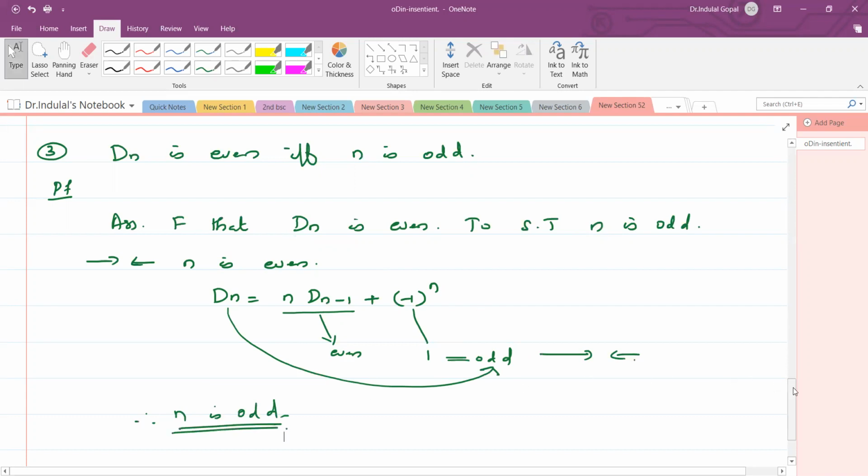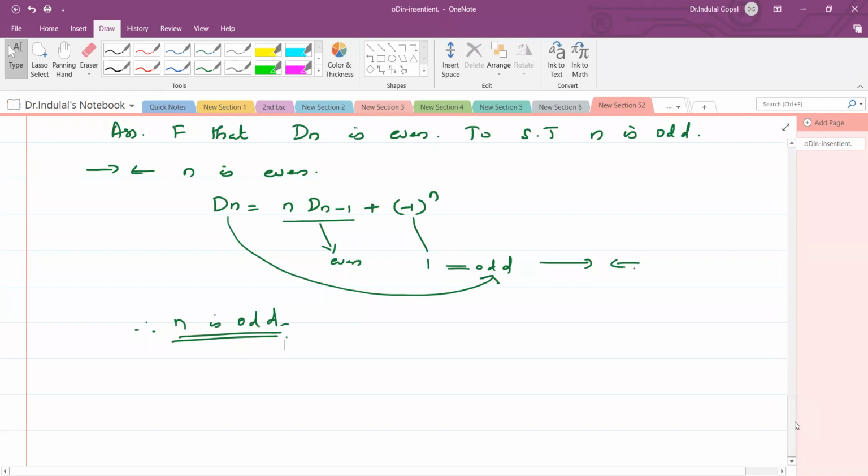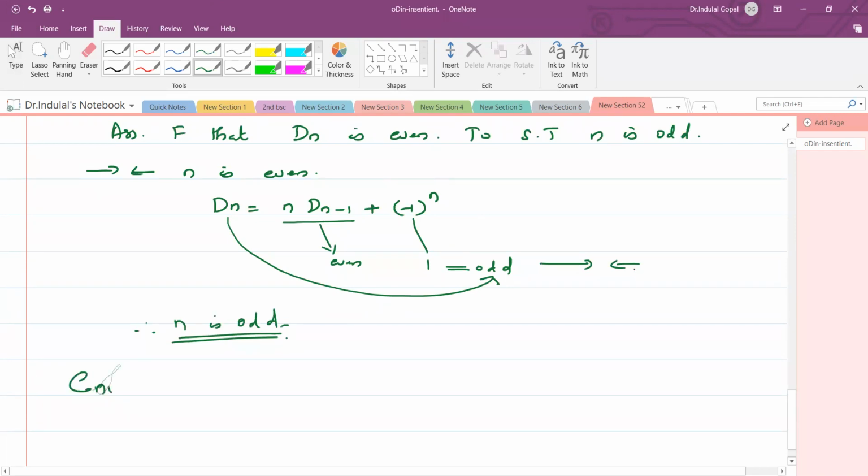And conversely, assume that n is odd, and we show that Dn is even. Since n is odd, we know that n minus 1 is even.